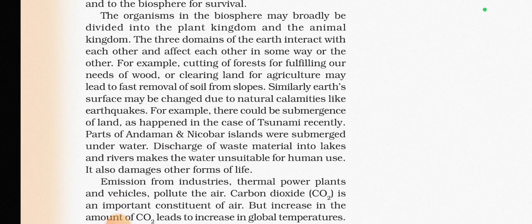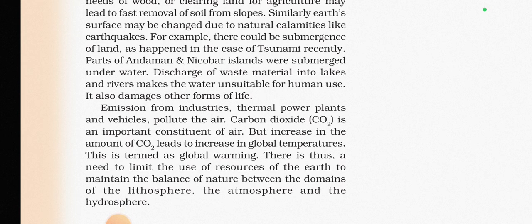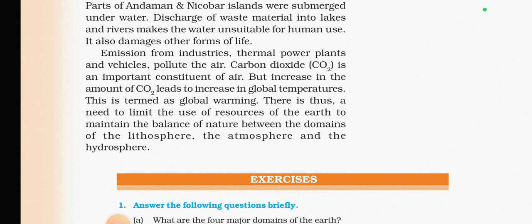The discharge of waste material into lakes and rivers makes the water unsuitable for human use, and it also damages all other forms of life. Emissions from industries, thermal power plants, and vehicles pollute the air. Carbon dioxide is an important constituent of the air, but an increase in the amount of CO2 leads to an increase in the global temperature, which is causing global warming.